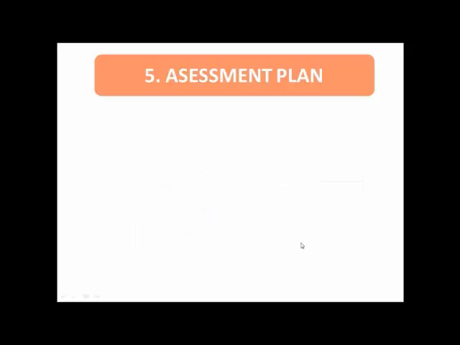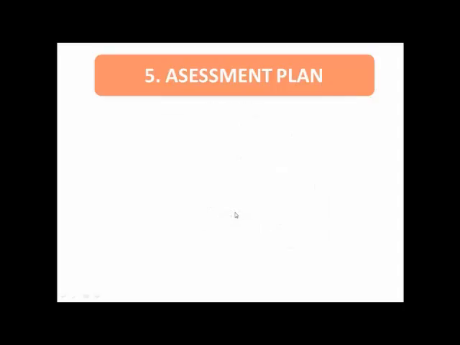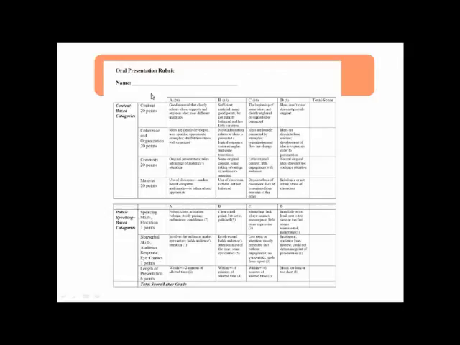Project plans form, presentation rubric, brochure rubric. Here, this is my brochure rubric. You can see 4 criteria here: the content, the coherence, organization and design, grammar and punctuation, creativity and originality.